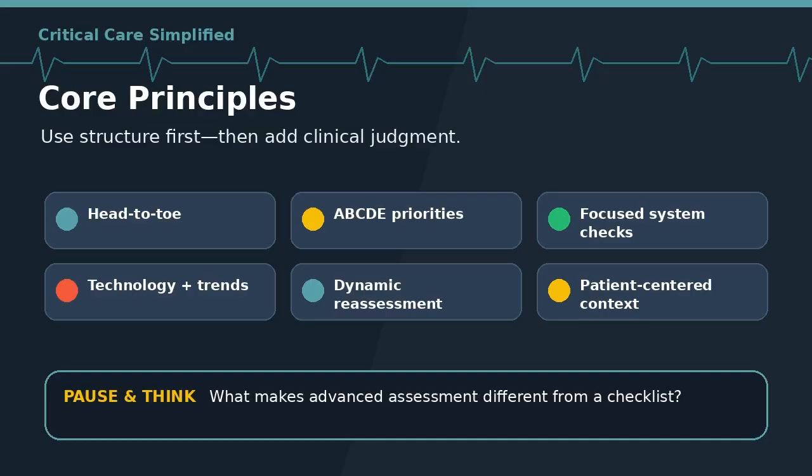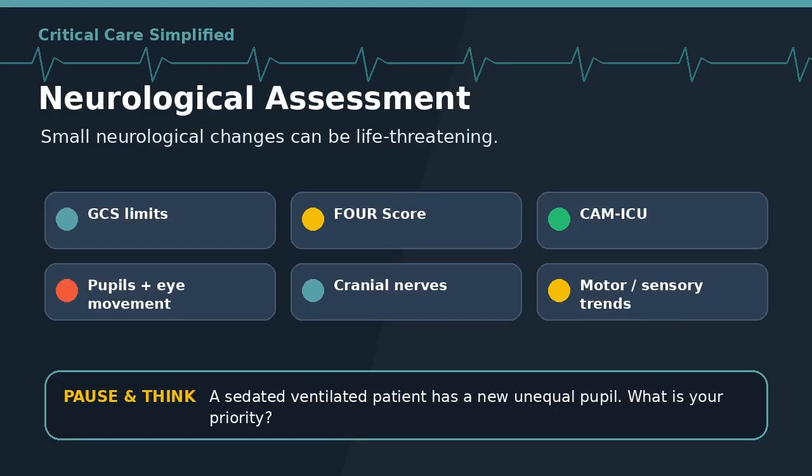Neurological deterioration can be subtle and life-threatening. In critical care, a sudden drop in responsiveness, new pupil changes, unilateral weakness, seizures, or loss of protective reflexes should immediately raise concern. Use structured tools like the Glasgow Coma Scale, but remember its limits in intubated or deeply sedated patients.